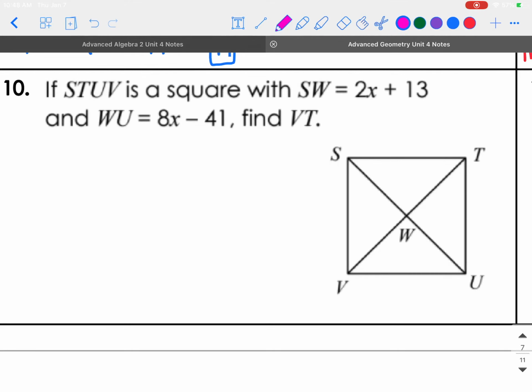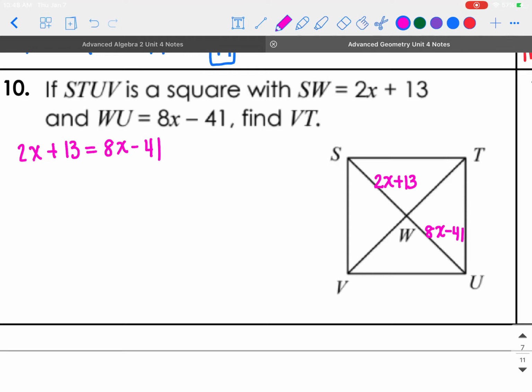All right, we have a square. SW is 2x plus 13. WU is 8x minus 41. We know that those two are equal to each other. So 2x plus 13 equals 8x minus 41.